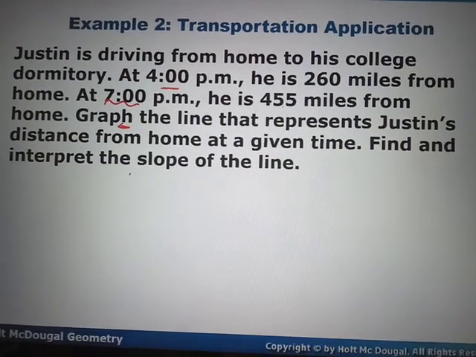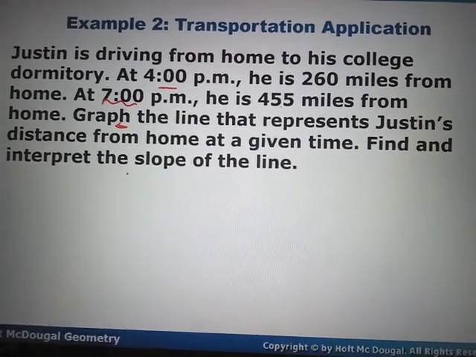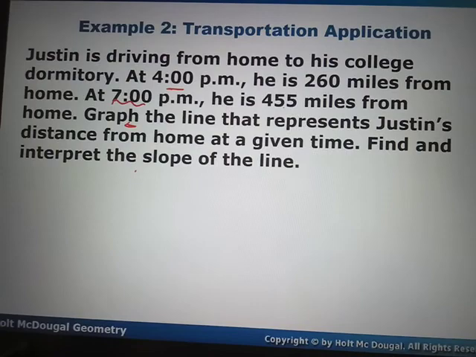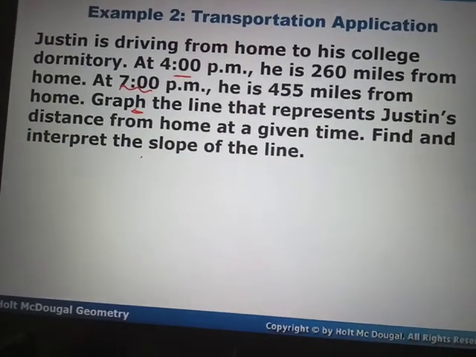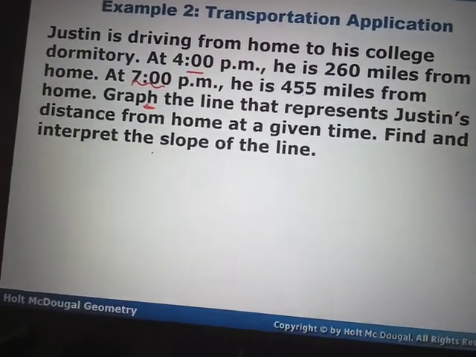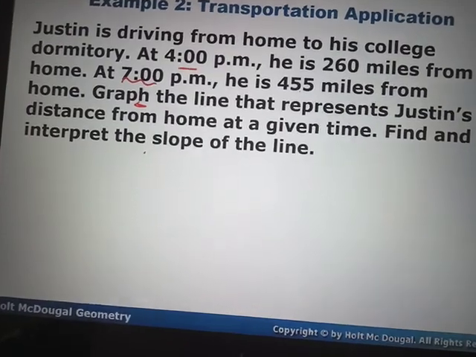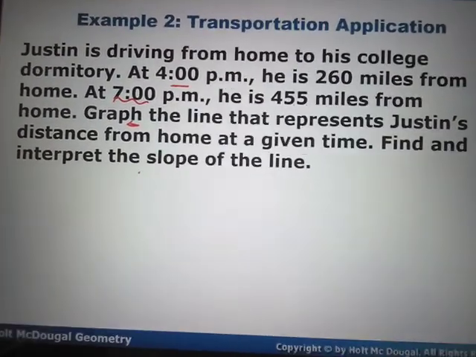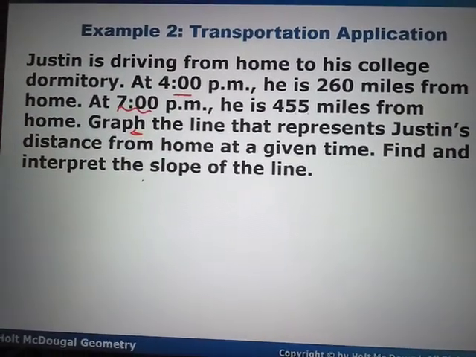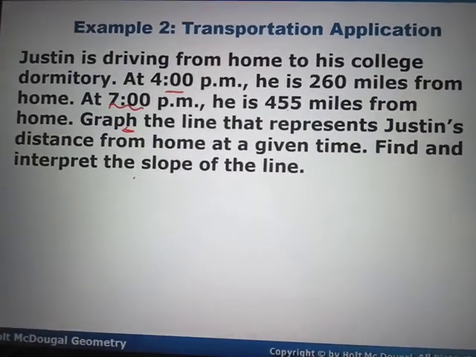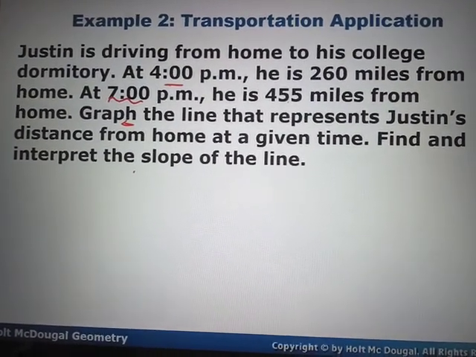Here we have a relation between time and distance. Remember, what is the relation between time and distance? Distance over time, you get speed. Excellent. So we have time and we have distance, so it's easy to draw this relation.